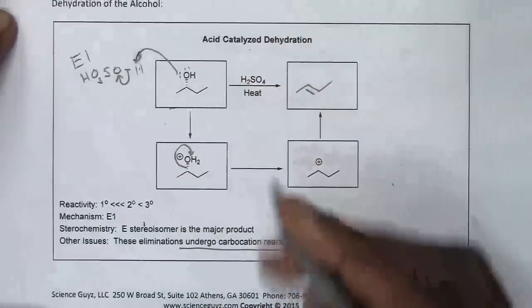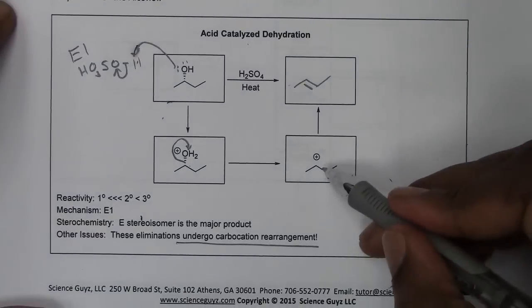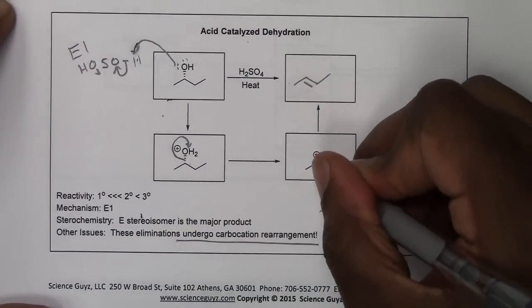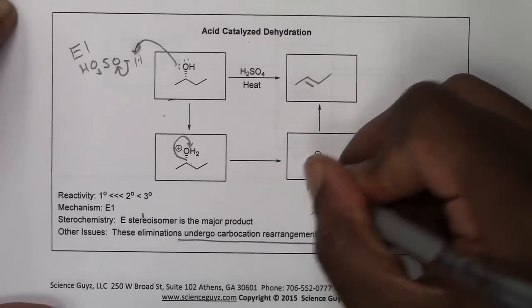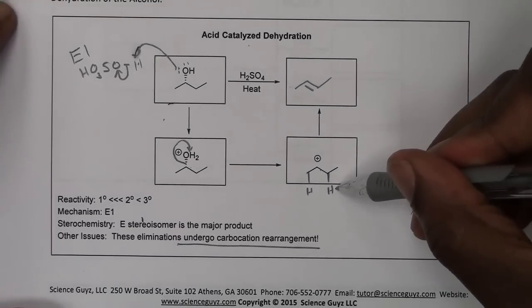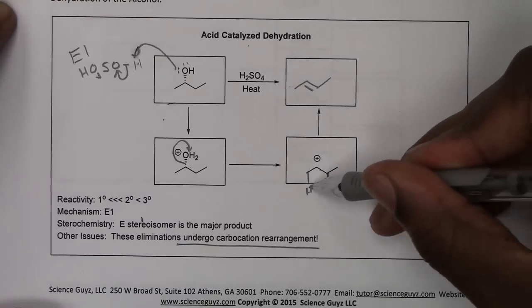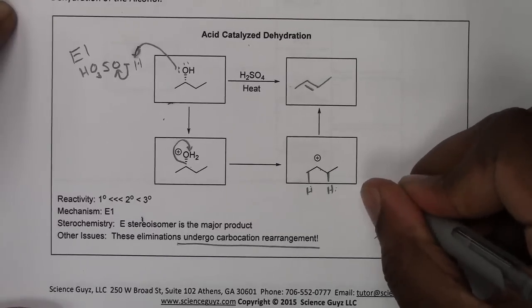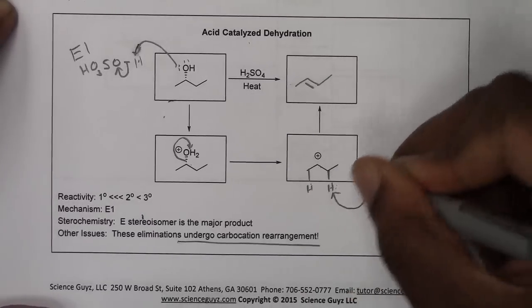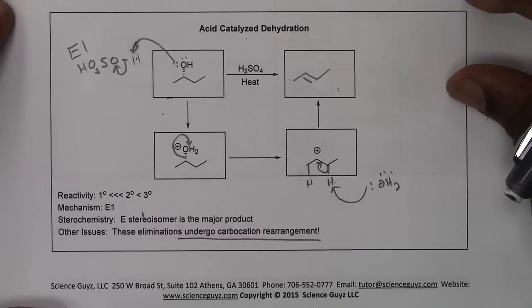Water will leave, and remember, the hallmark of the E1 reaction is the formation of the carbocation, so when water leaves, we form the carbocation. Notice we have two adjacent hydrogens that we could pull off, but we're going to specifically pull off the one that will lead us to the more highly substituted double bond. So we pull this one off instead of this one. So water will come back as your base, remove this proton, these electrons will fold in, and that's how we get to the final structure.